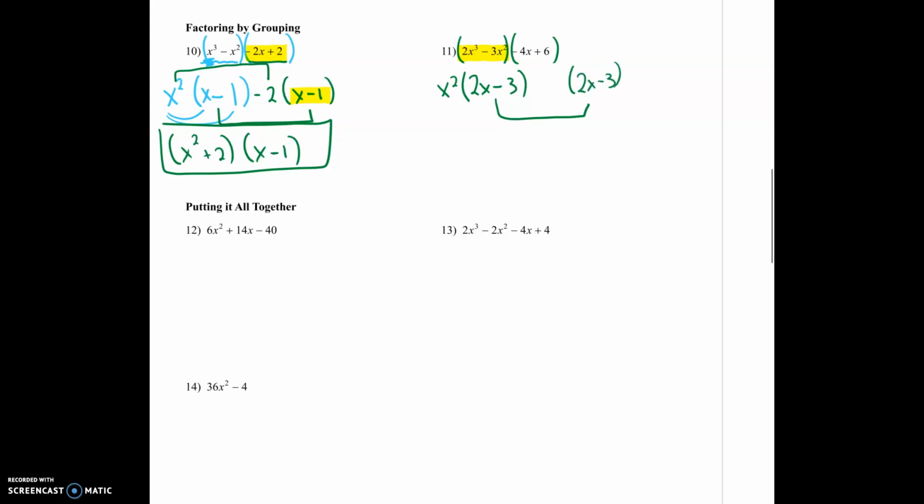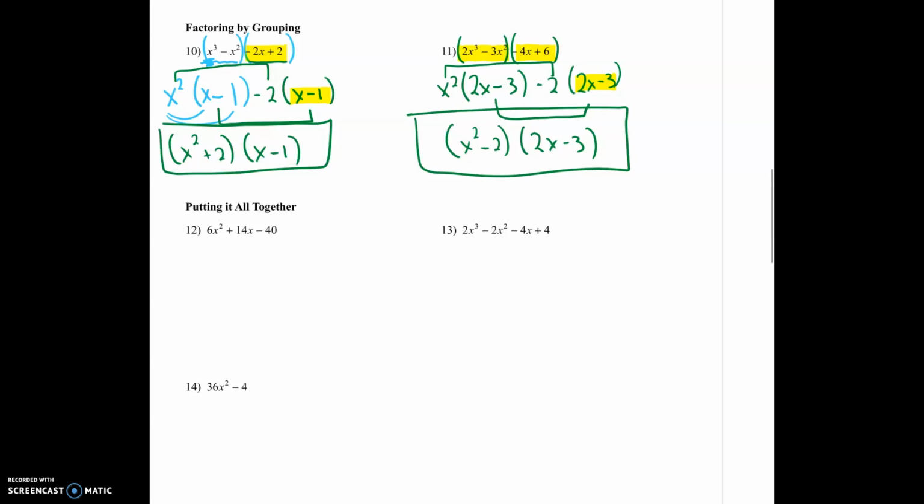Remember, these are always matching. So what did I factor out of this to get to here? And that would be a negative 2. So now my two factors are the x squared minus 2, the terms on the outside of the parentheses, and then my matching set of parentheses.